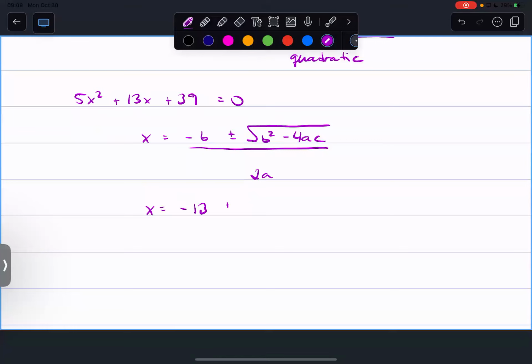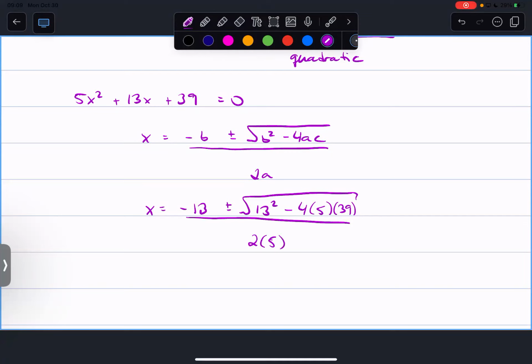Negative 13 plus minus the square root of 13 squared minus 4 times 5 times 39. Doesn't matter what's in the bottom, but put it there.